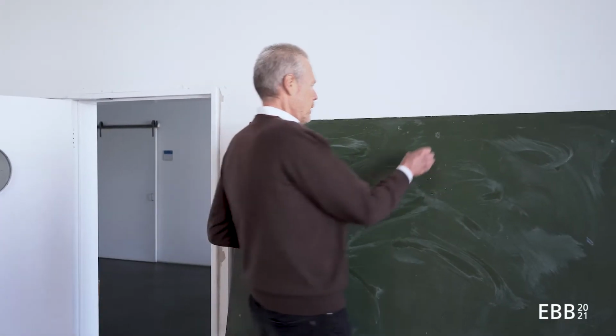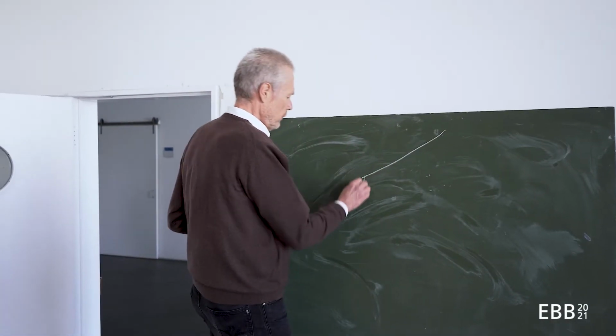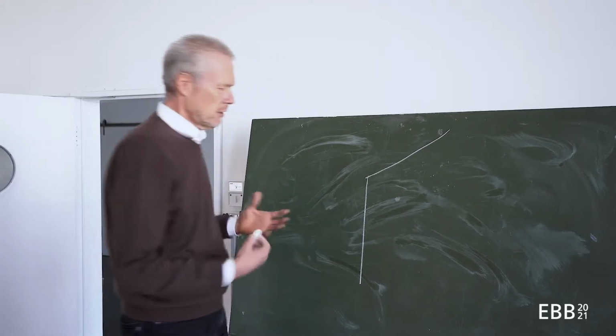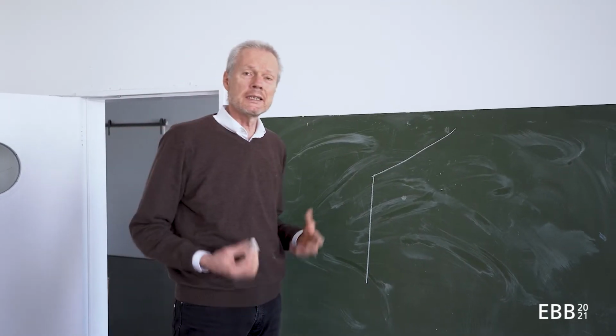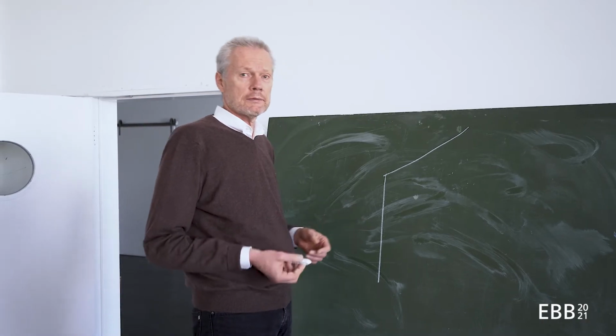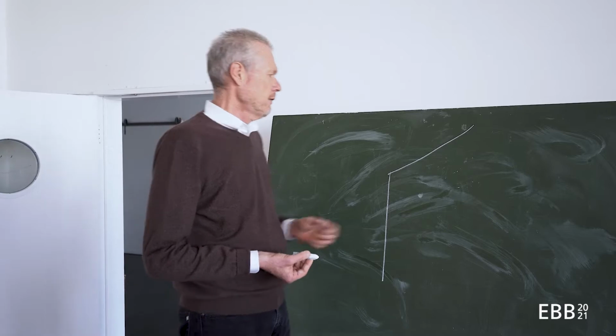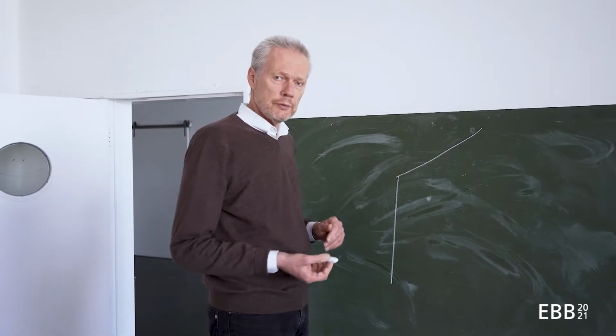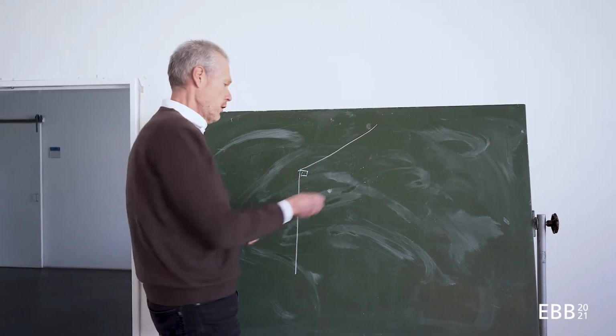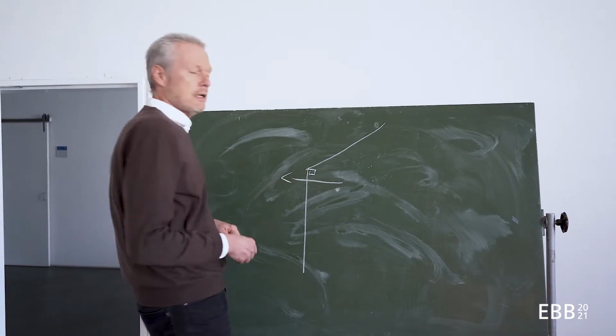So for the connection of a sloped roof and a vertical load-bearing element, it might be decisive what type of roof construction I've chosen. If I have a purlin roof, I don't have a horizontal thrust here at the bottom.